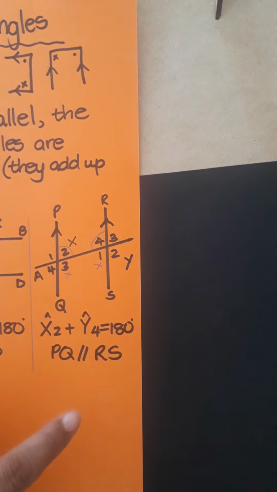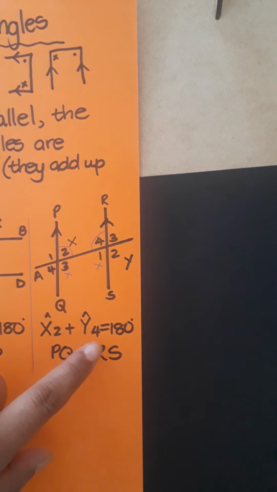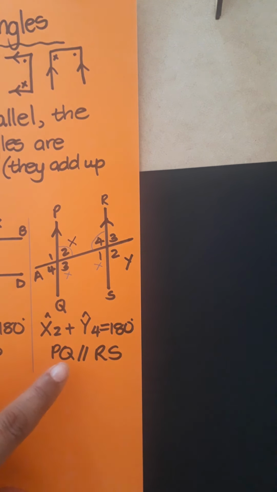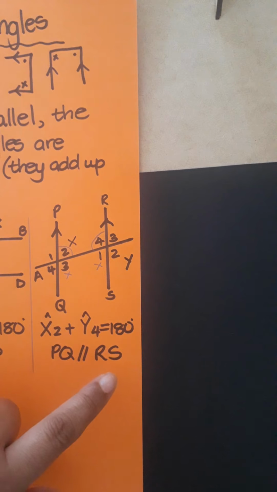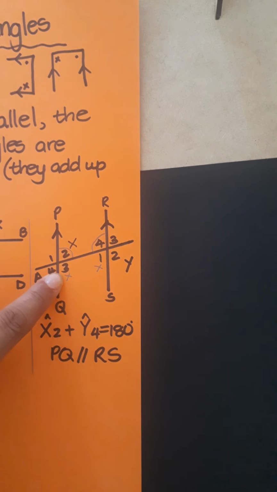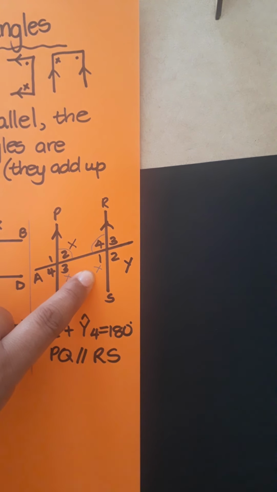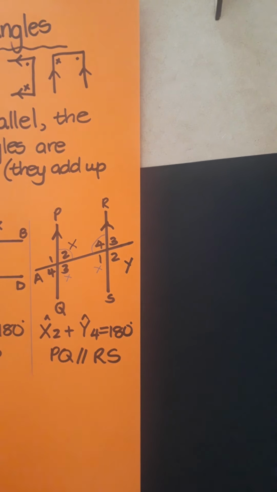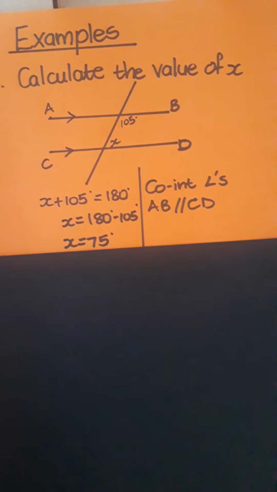That means that they are also supplementary, they add up to 180 degrees. x2 plus y4 is 180 degrees. PQ is parallel to RS. We can also see from the diagram that x3 and y1 are co-interior angles. I'll show you a few examples.